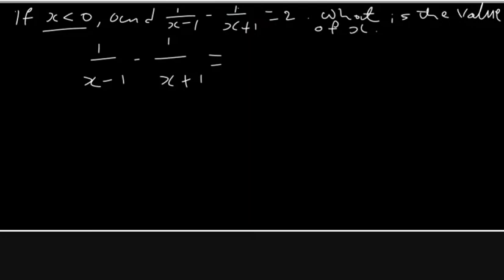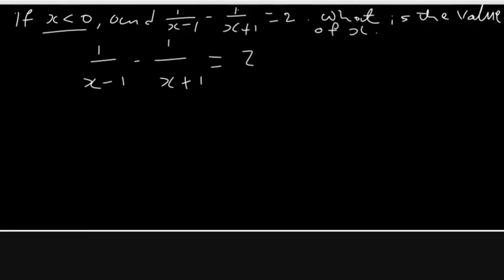So here, if 1 over x minus 1 minus 1 over x plus 1 is equal to 2, the first thing we do is to find the LCM of the denominators. The LCM here is x minus 1 into x plus 1.